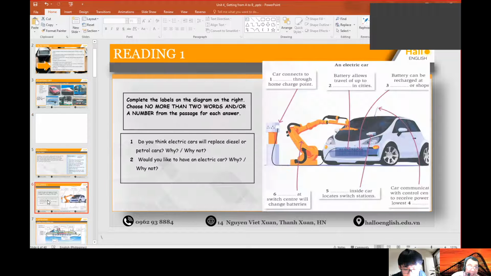Okay, let's go back in here. Car connects to blank through home charge point. Remember, that car is connected through the home charge point. Look at this one, here's the picture. What do you think would be the picture?